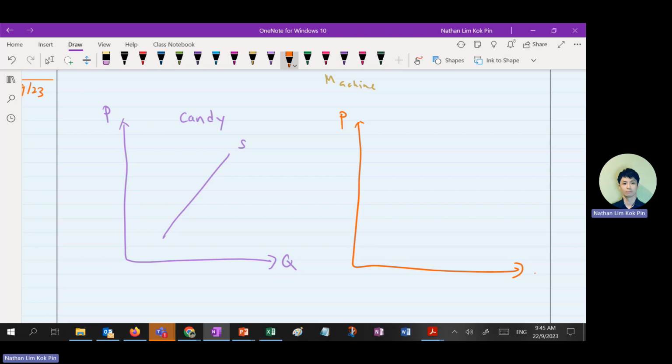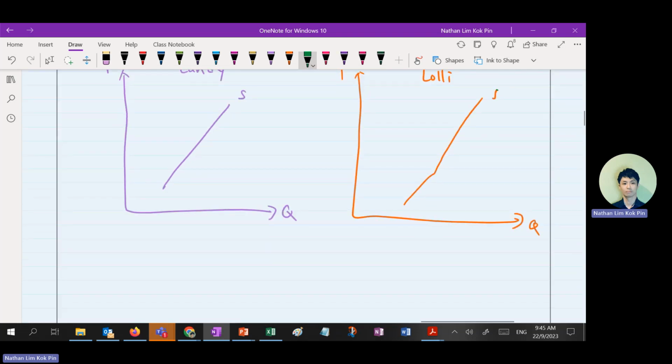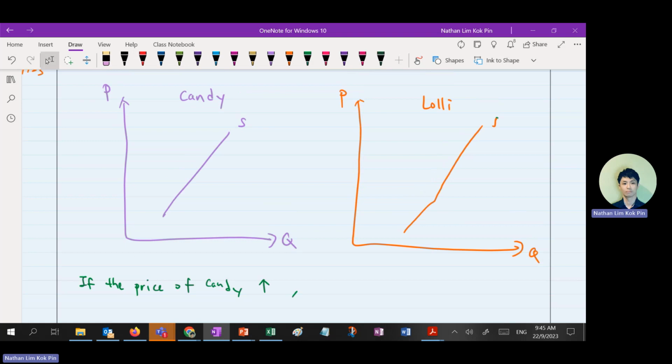This is lolly. My question to you is, ladies and gentlemen, if the price of candy increases, what will happen to candy?